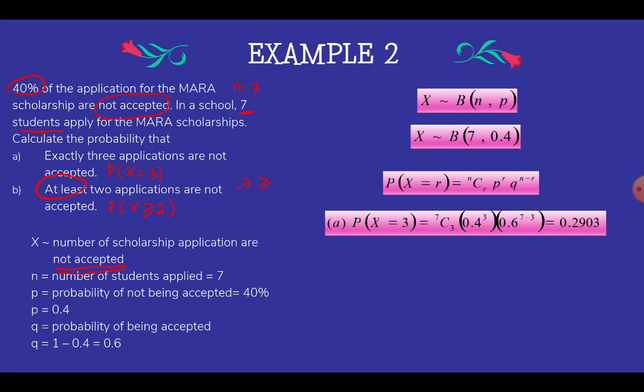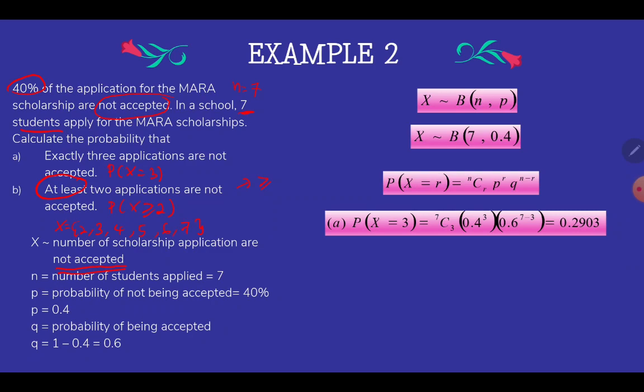Whereas for B, at least 2 applications are not accepted. At least, so it needs to be greater than or equal: P(X ≥ 2). What are the values of X that can be included here? Of course 2, 3, 4, 5, 6 until 7.